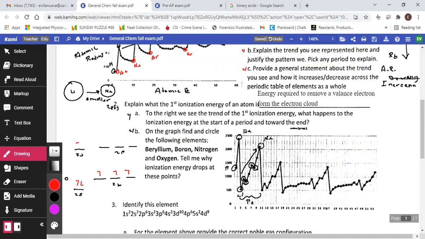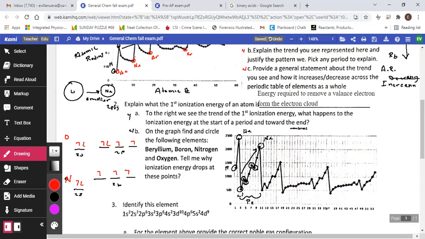That's nitrogen. 1, 2, 1, 2, 3, 4. And this is oxygen. So these are the electron configurations of these two elements. Take a look at nitrogen and oxygen, and I want you to tell me what the difference is. Which one looks a little bit more balanced to you?